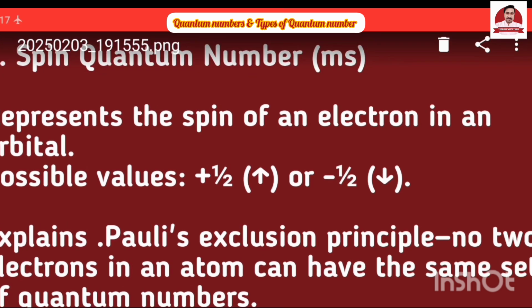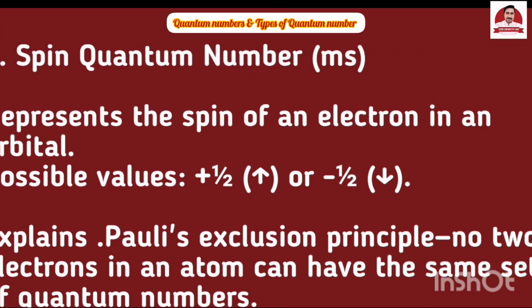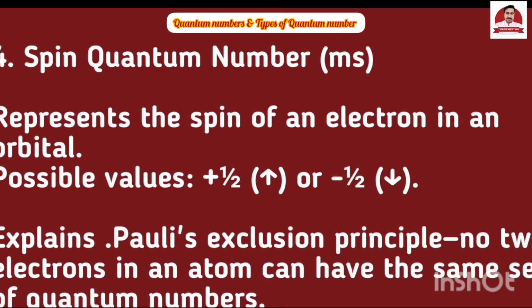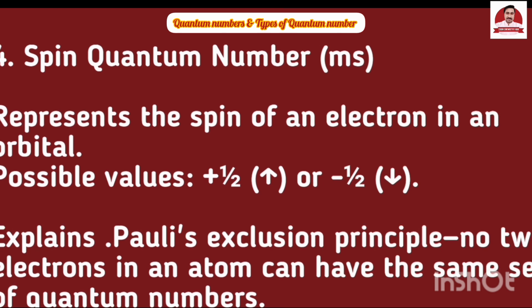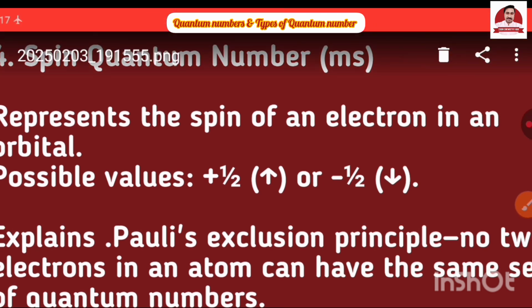Next is the spin quantum number. It is represented by small m and s. What does the spin quantum number represent? Spin quantum number represents the spin of an electron in an orbital.